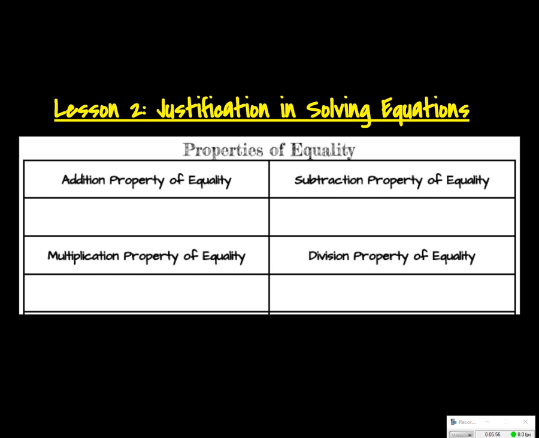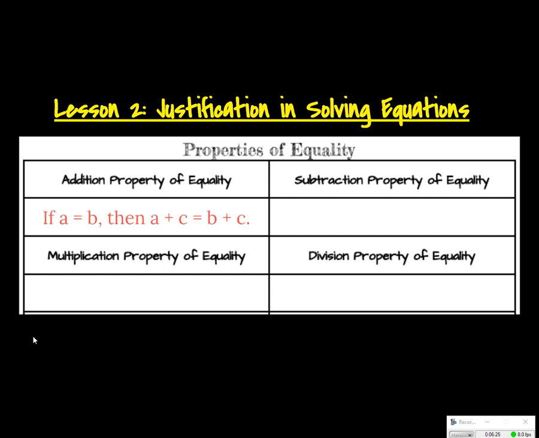So if you notice, we have addition property of equality, subtraction property of equality, multiplication property of equality, and division property of equality. And at this point, if you've not already written this down, you might want to pause the video and just write all this down, because as I go through, I'm going to be talking about each one, and you don't want to be writing and listening to me talk at the same time. So you can pause the video and write all these notes, and there's quite a few of these.